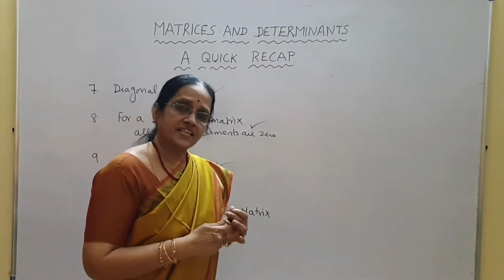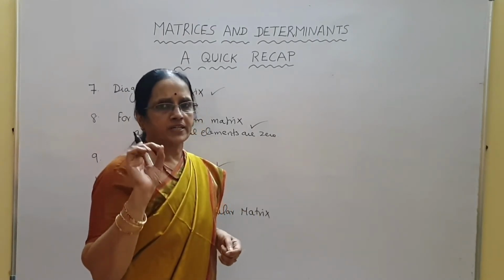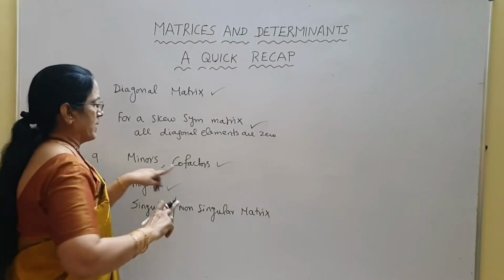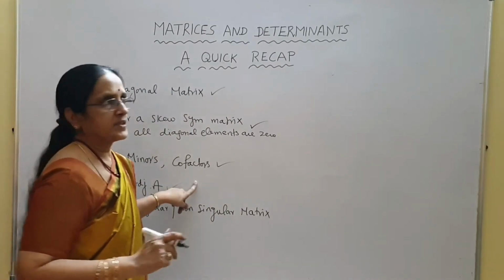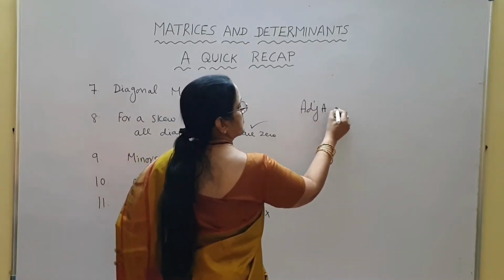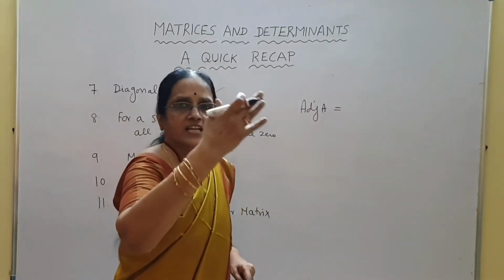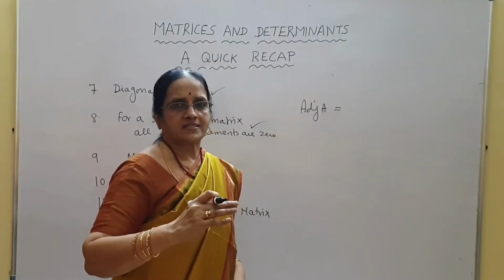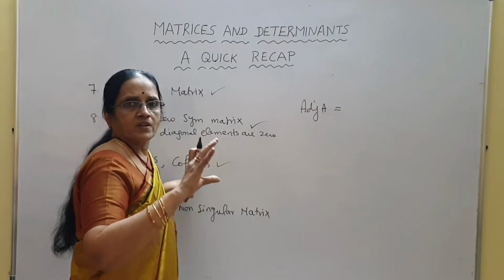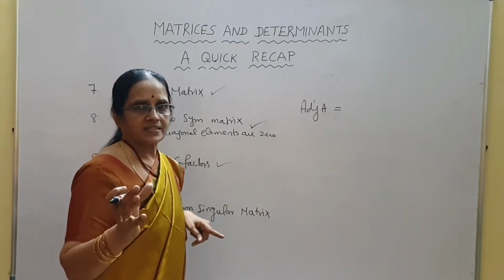Adjoint of the matrix A is also a very important concept. Just now I told you how to find out the minors and the cofactors. So, adjoint of the matrix A is nothing but the transpose of the cofactor matrix. That is, you need to find out the cofactors of all the elements of the given matrix.